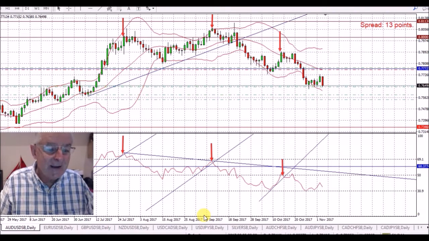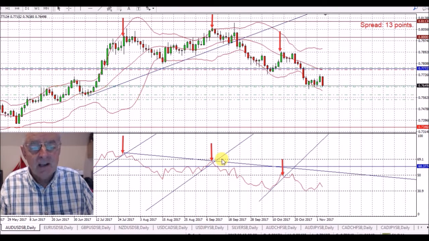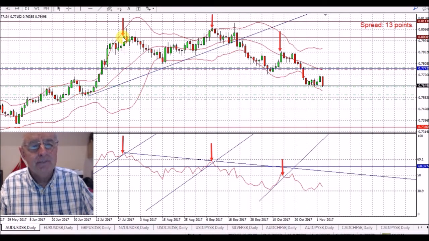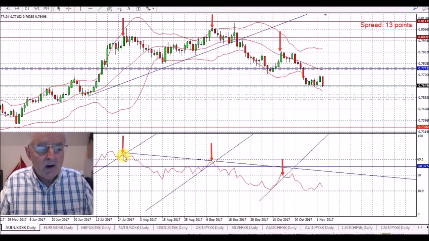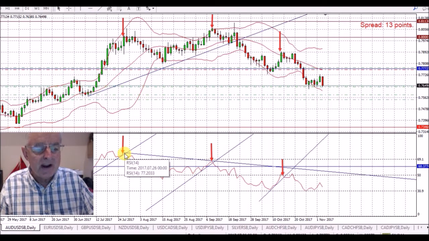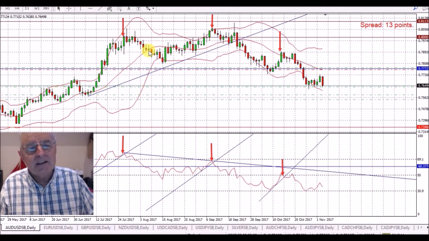Okay, so this is the Australian dollar US dollar chart for the same period, and we were looking for the Australian dollar to short against the US dollar. From the RSI chart we put a trend line up, and when we got a break, we actually went short, and we got this nice move down here.